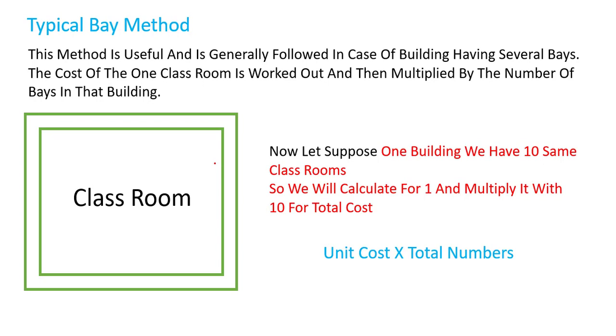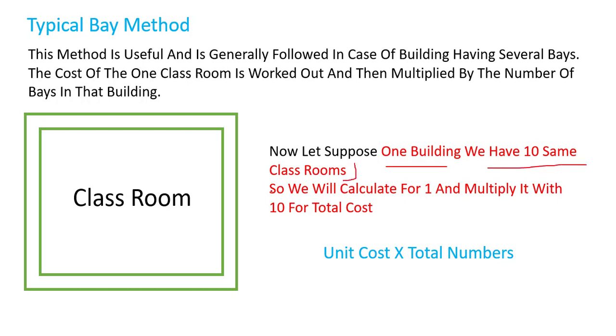Now the next one is the typical bay method. This method is useful and generally followed in the case of buildings having several bays. The cost of one classroom, let's suppose, is worked out and then multiplied by the number of bays in that particular building. Let's suppose we have one college building and we have a total of 10 same classrooms.